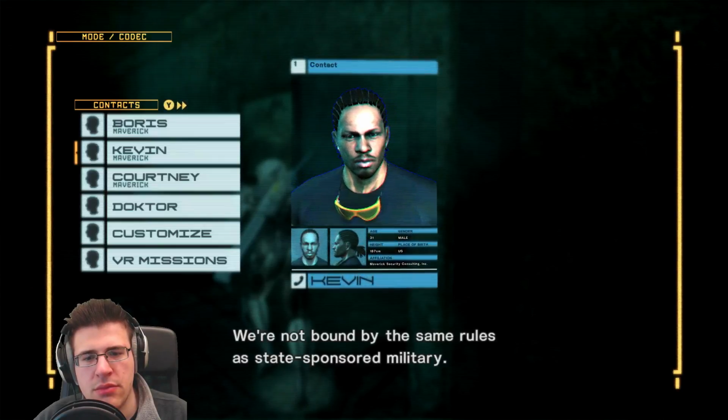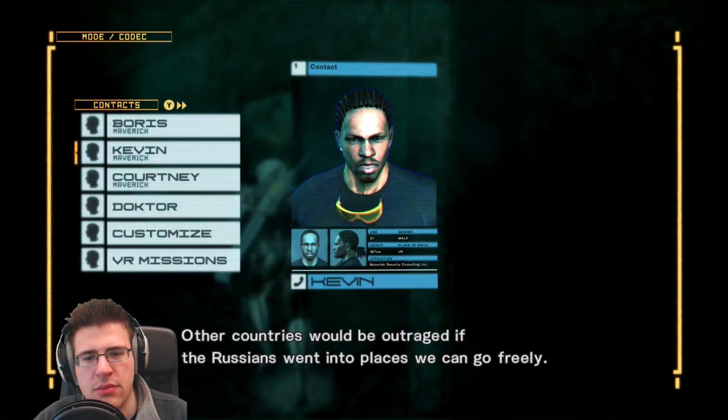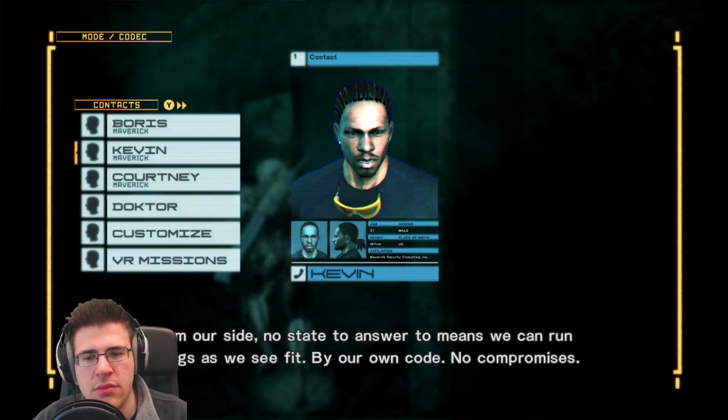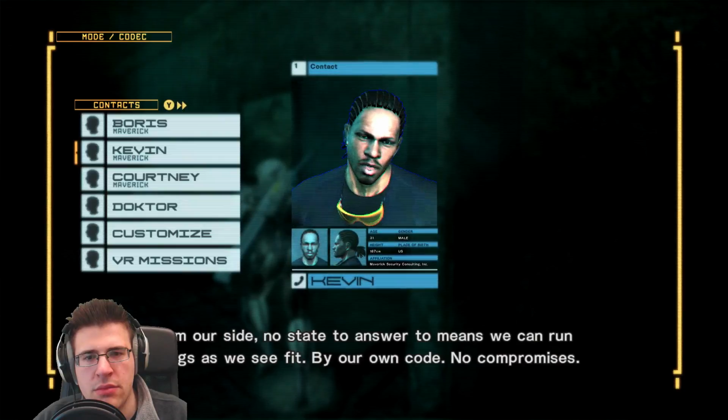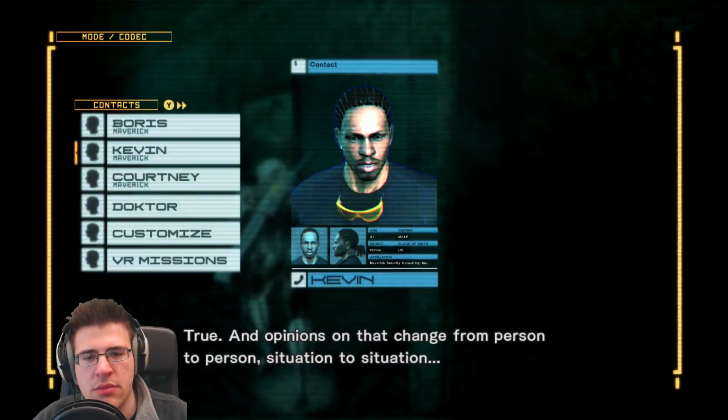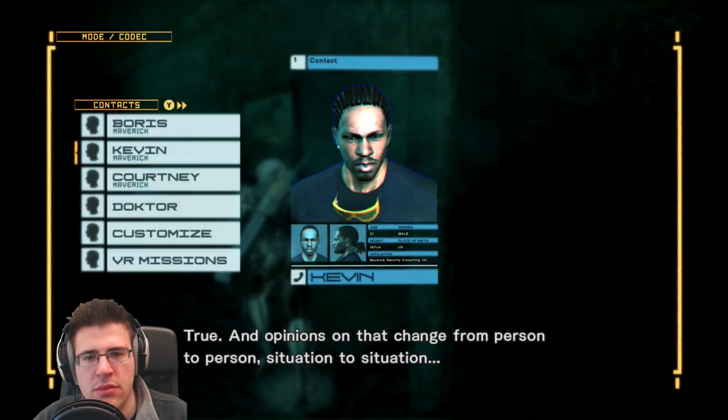We're not bound by the same rules as state-sponsored military. Other countries would be outraged if the Russians went into places we can go freely. From our side, no state to answer to means we can run things as we see fit. By our own code, no compromises. Then again, there's no one to say our code is what's right. True. And opinions on that change from person to person, situation to situation.